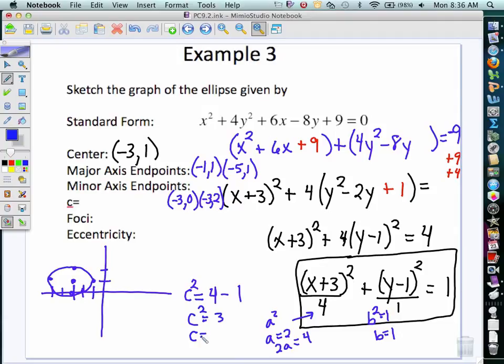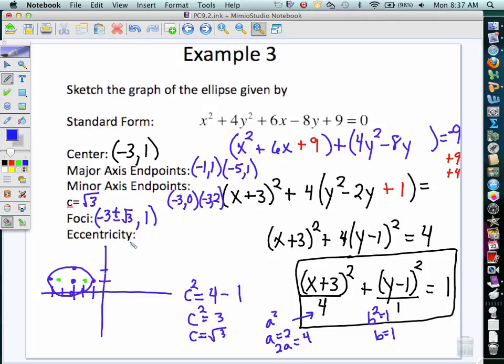The c value comes from this equation. C squared equals a squared minus b squared, 4 minus 1. So c squared is equal to 3, c equals the root of 3. So the c points are the root of 3 away from the center, towards the major axis. So the points for that would be negative 3 plus and minus the square root of 3.